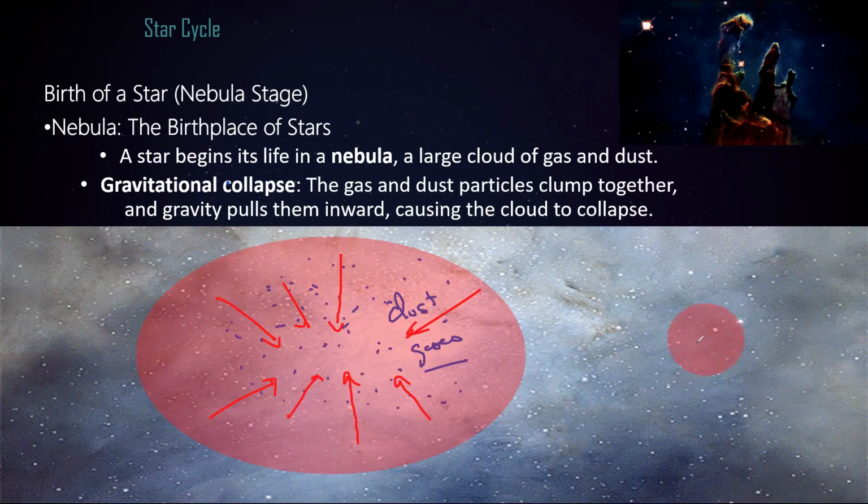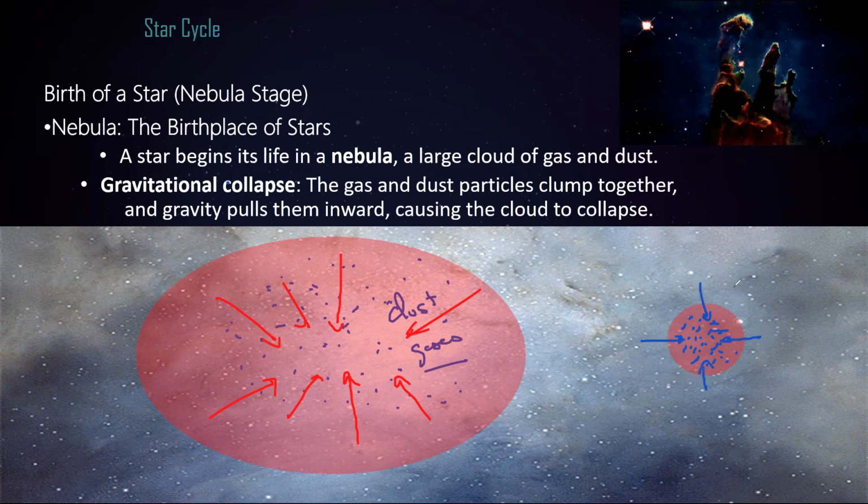Because of gravity, the number of particles is not changing. It's the same number of particles, but because of the gravitational force, they pull everything towards the center, and the size of this nebula, or this interstellar cloud, will decrease.